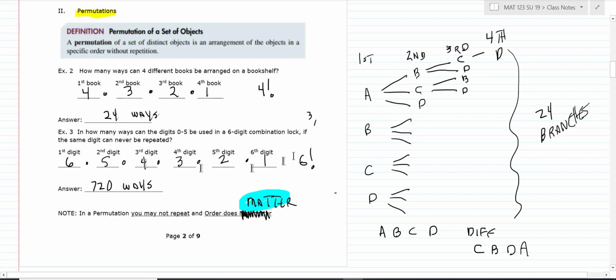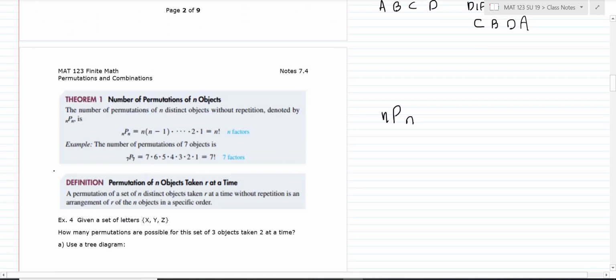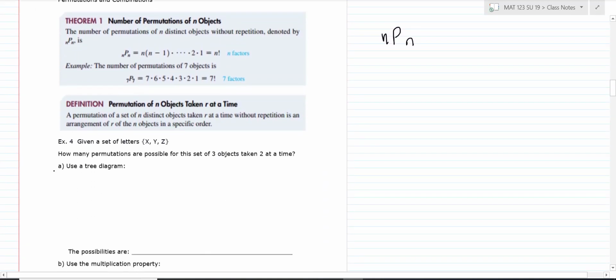This one we're choosing from 6 digits, and we're putting them in 6 positions. So this one up here, you could think of as a permutation 4-4, and this would be a permutation 6-6. That's just the notational system that we use.